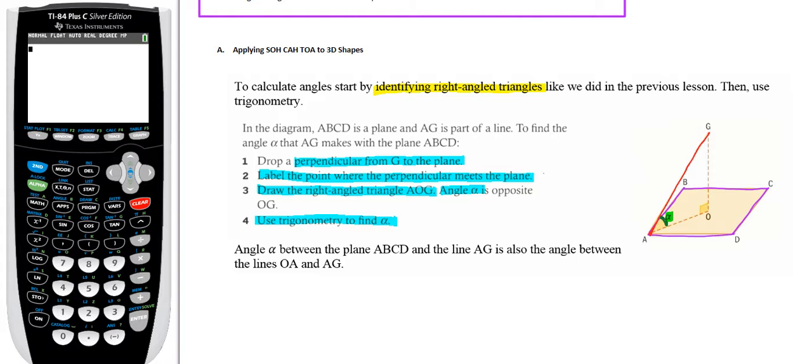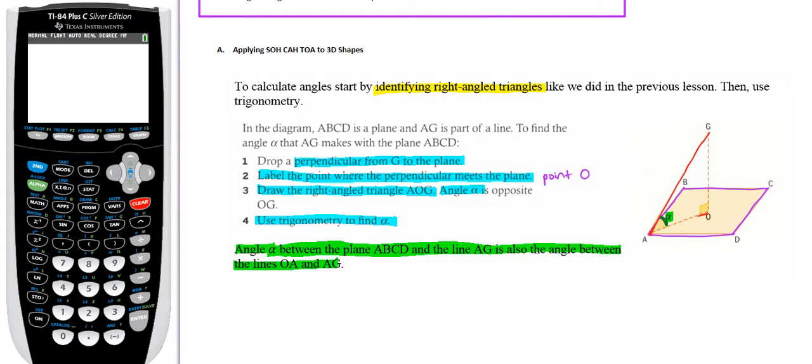So the point where the perpendicular meets the plane, in this case, is point O, which is in the middle of the diagram. A thing that's handy to note is that angle alpha is considered to be an angle between the plane and the line AG, but also considered to be the angle between two lines, OA and AG.